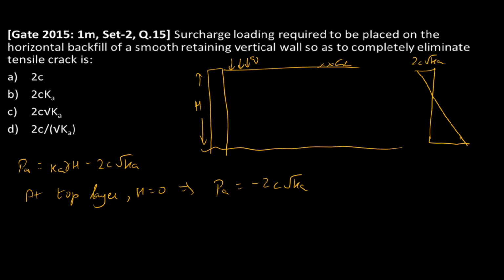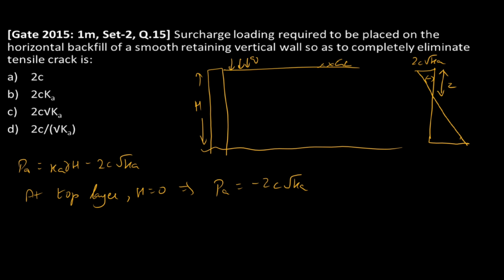2C root Ka. So this zone is nothing but the tension zone. At the top layer, this zone is the tension zone, and the depth of this zone will be equal to H or Z; you can name it something else.